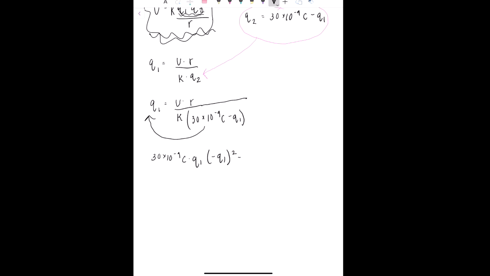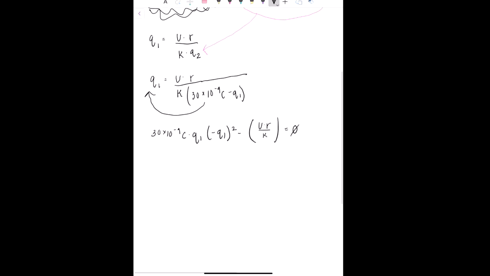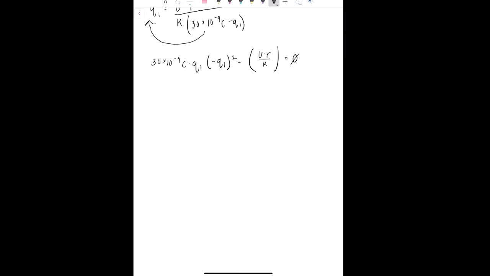From here, we have to use our quadratic equation, which is this over here. I'm going to label this equation in terms of the values from the quadratic equation I wrote here.